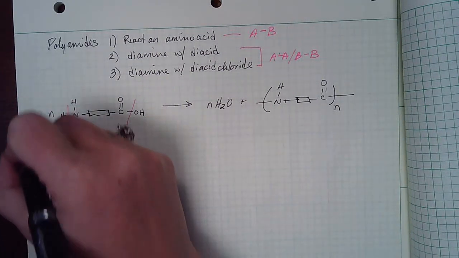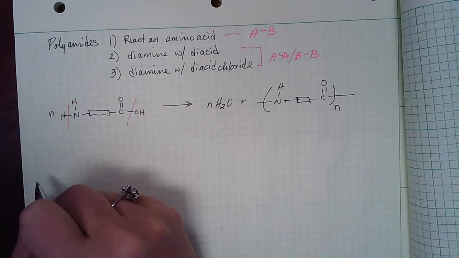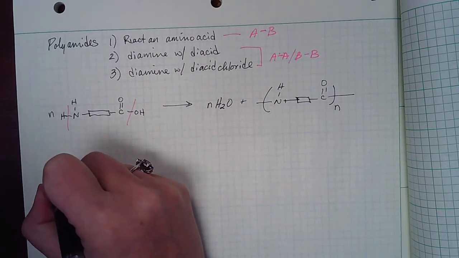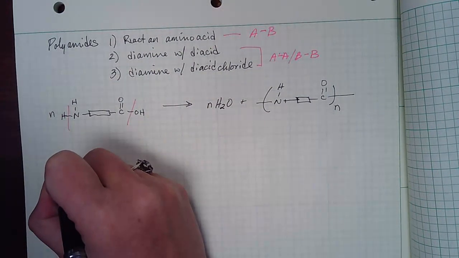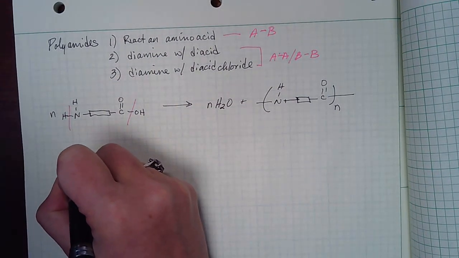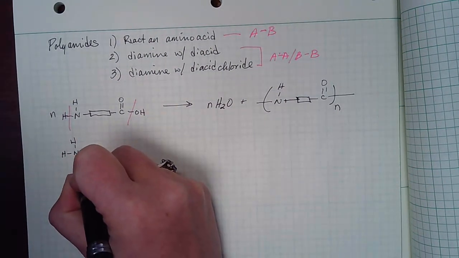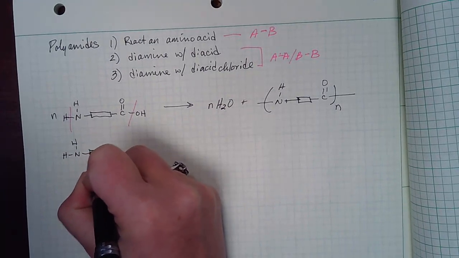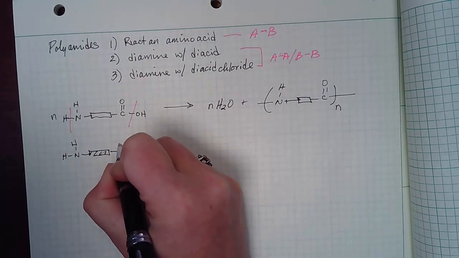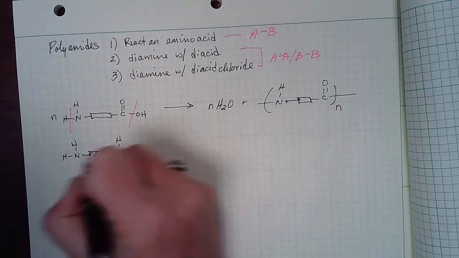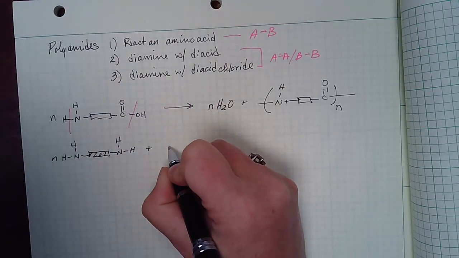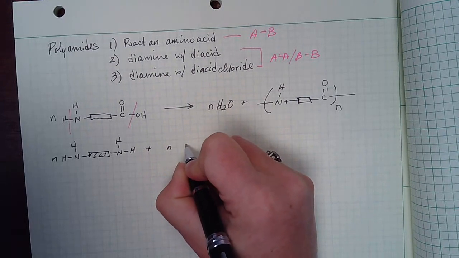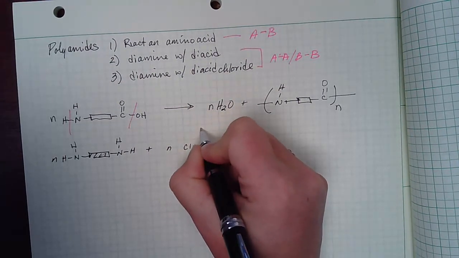So let's look at a diamine reacting with a diacid chloride, since I did the diacid with the esters. So now I have a diamine. I have N of them plus N of a diacid chloride.